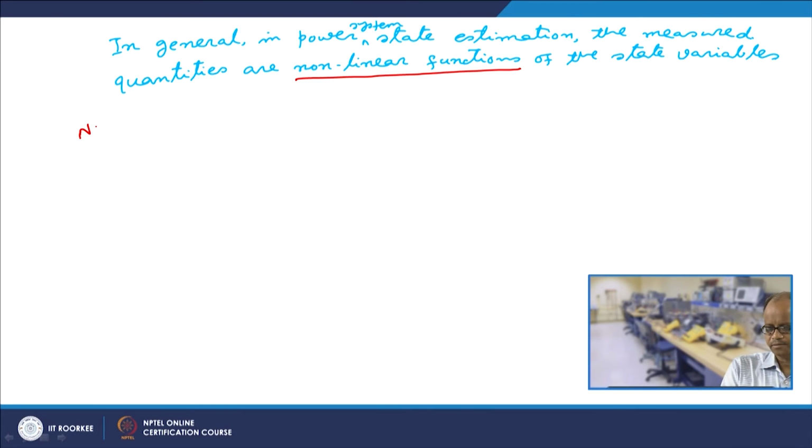Now, let me denote my x vector as v transpose theta transpose, transposed.